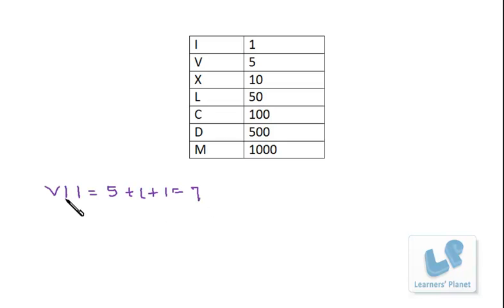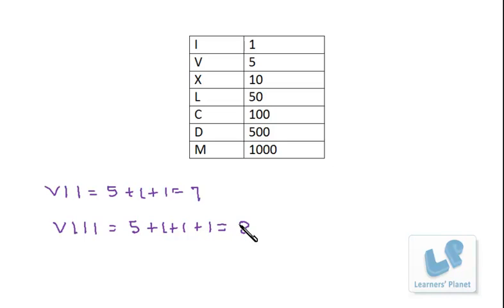Since we are writing I on the right side of V, that means the value of I will be added to the value of V. Similarly, if we wish to write 8, so it's 5, 6, 7, 8. That is 5 plus 1 plus 1 plus 1, that is 8.